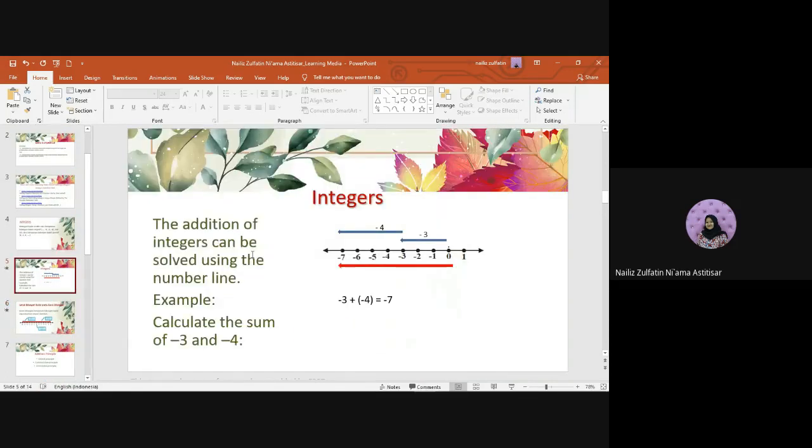And then, the addition of integers can be solved using the number line. For example, calculate the sum of -3 and -4. And then this one is the example of the number line.